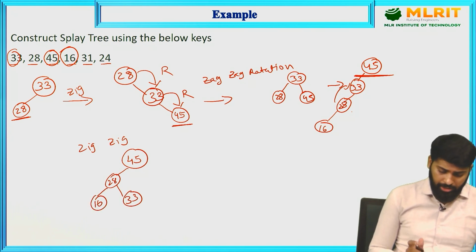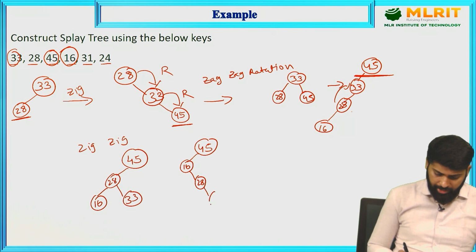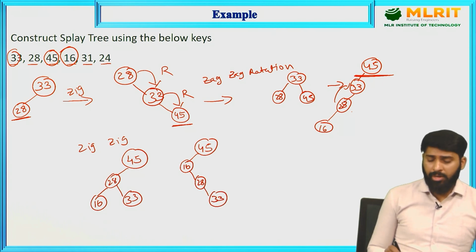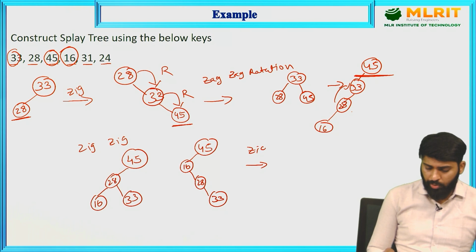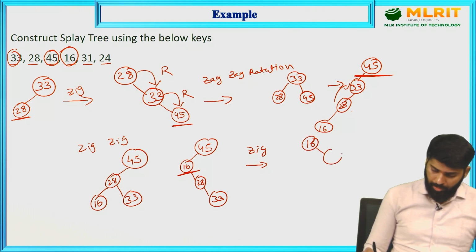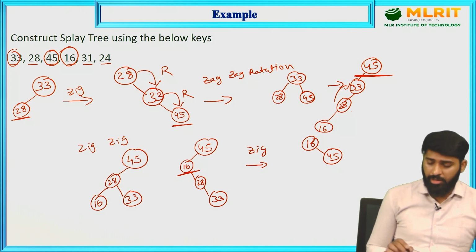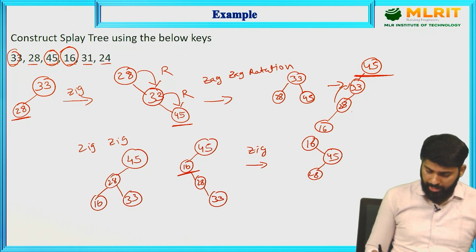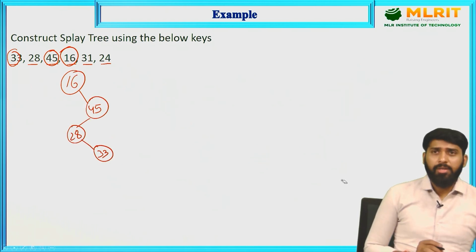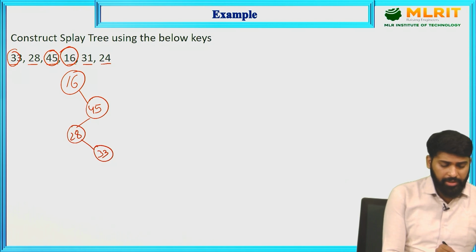Another zig-zig rotation: now it becomes 45, 16, 28, 33. Now, apply another zig rotation to make 16 the root. Now, it becomes 16, 45, and 28 is greater than 16, so 28 is the left child of 45, with 28, 33. That's it. This is the resultant tree of inserting 16.